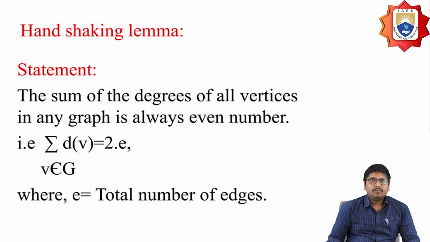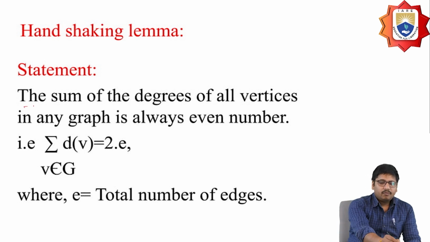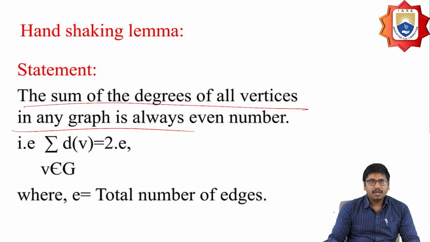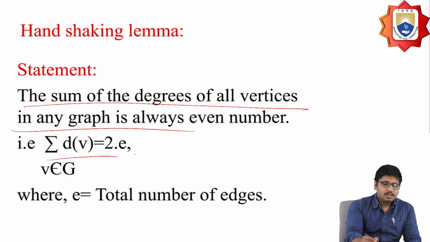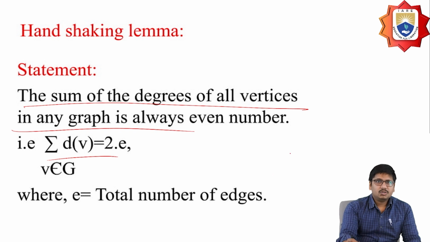Now the handshaking lemma: the statement is that the sum of the degrees of all vertices in a graph will always be an even number. It is defined as the summation of degree of v equal to 2e. Suppose I have an edge with two vertices, what is the degree of each? 1 plus 1 is 2.